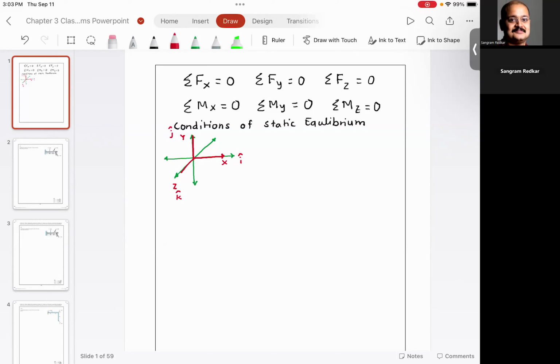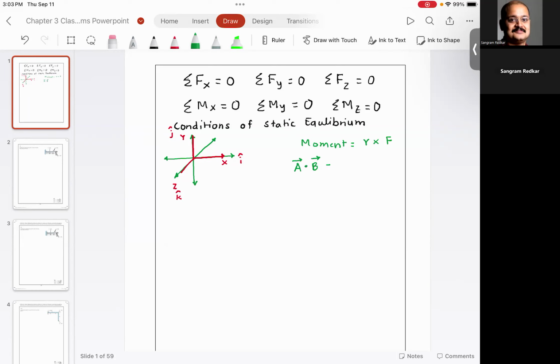So we talked about what is a moment. Moment by definition, and I'm going to give you a vector definition, is r cross F. Now what is cross? If you have a vector A and you have a vector B, they interact with each other two ways.